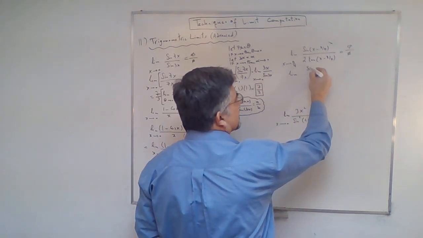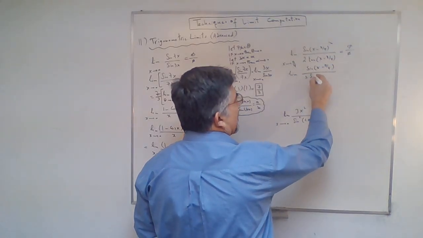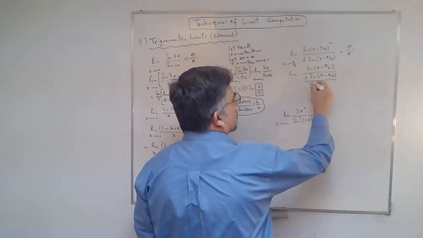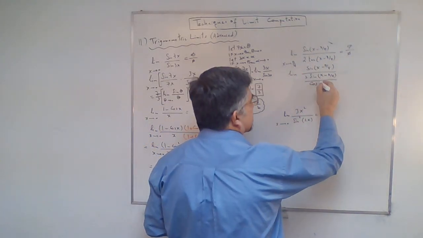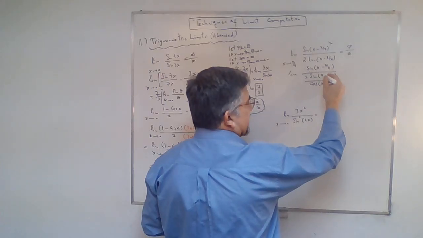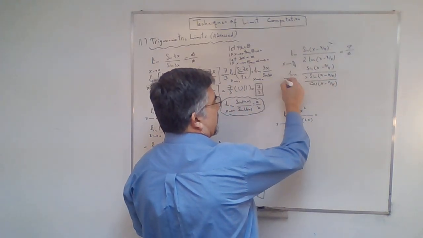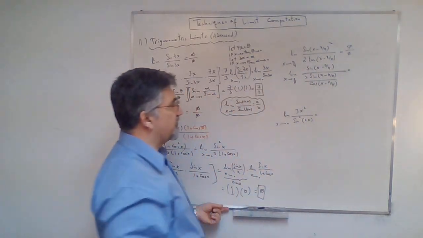I'm going to say this is sine of x minus pi over 4. Instead of tangent, I'm going to write sine over cosine, because everybody knows that tangent is the ratio of sine over cosine. So sine of x minus pi over 4 divided by cosine of x minus pi over 4 when x approaches pi over 4, that is what we need to find.